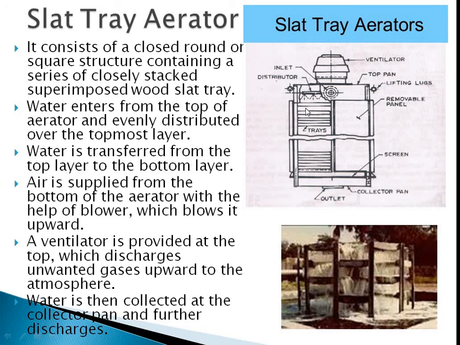The trays transfer the water from one tray to another, and as can be seen below, there is a series of water trays placed alternately, so the water gets collected under the action of gravity by the alternately placed trays.